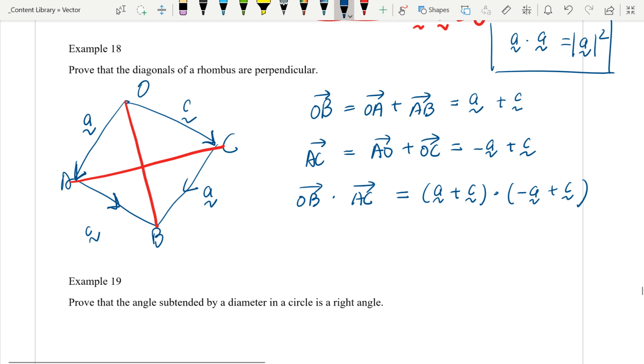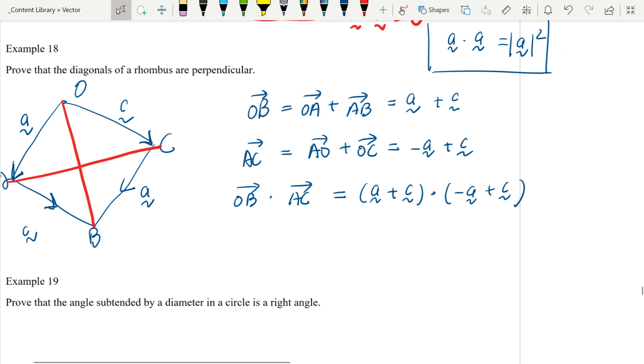As I said, vector dot product is the same as a times sign and all the rules are still possible to use. So I can expand the brackets as you do number expansions. What we have is minus A dot A, minus A dot C, plus A dot C, and plus C dot C. You may expand in a different order from me, but you should get the same thing.